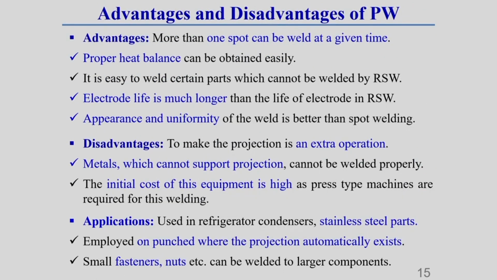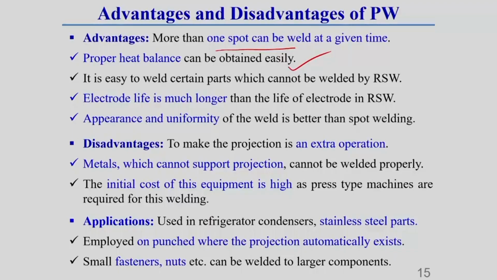Now, what is the advantage of this projection welding process? It has different advantages, like more than one spot can be welded at a given time. Proper heat balance can be obtained easily, because we are making the projection in one workpiece, so at the projection location proper heat balance is automatically obtained. So, it is easy to weld certain parts which cannot be welded by resistance spot welding, like two different material types.